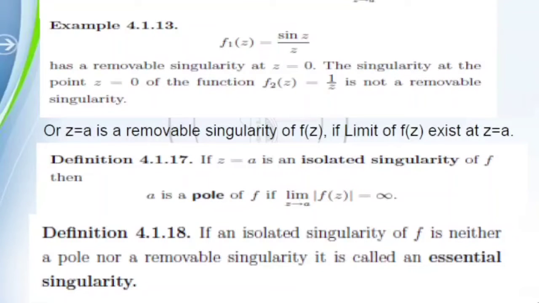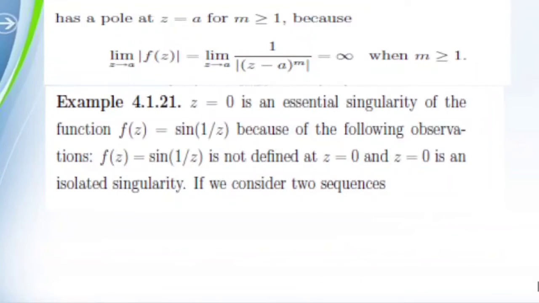Consider this example. Here z equal to 0 is an essential singularity for the function f of z equal to sin 1 by z, because the limit as z tends to 0 of sin 1 by z does not exist. So it is an essential singularity.